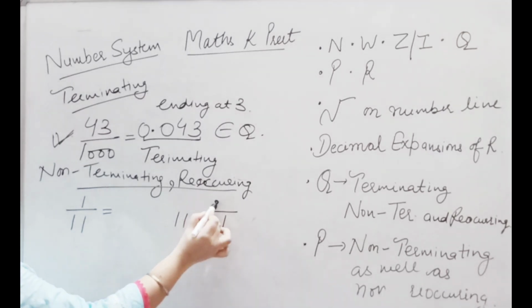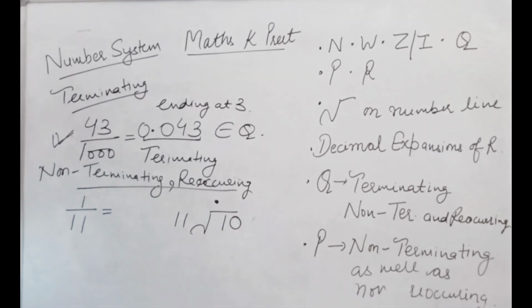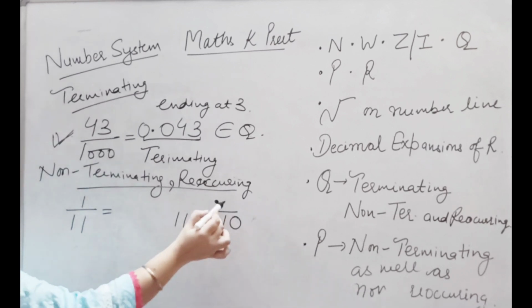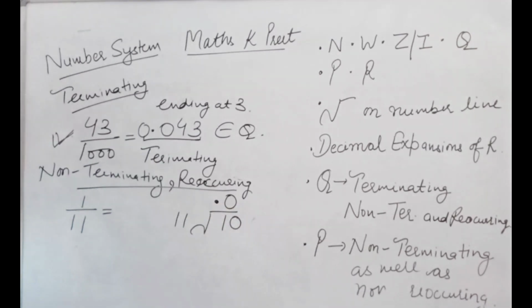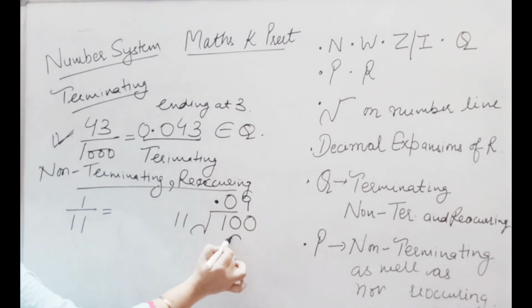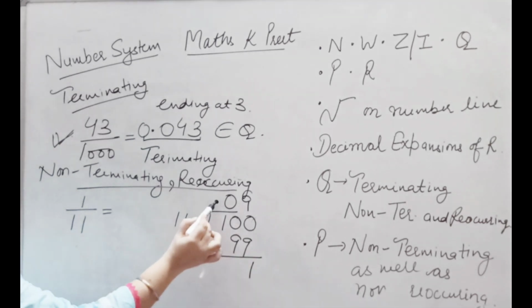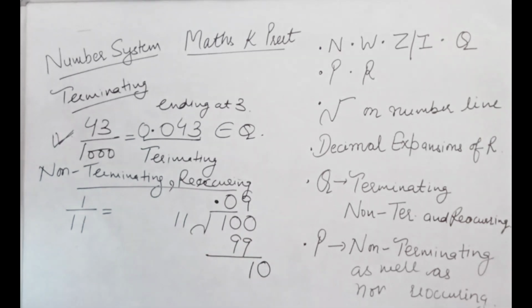So we put a decimal here and write 0. Again 10 is less than 11, of no use. We put a 0 here to borrow one more 0. Now this is 100, greater than 11. 11 nines are 99. Remainder is what? 1 again.